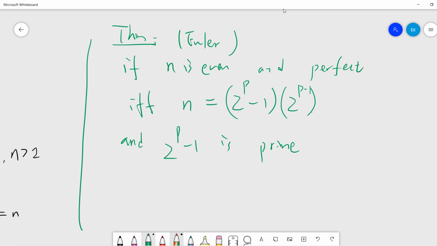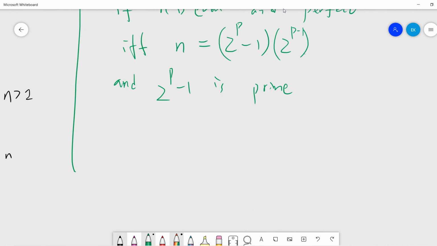Basically you can choose different p such that 2 to the p minus 1 is prime, then you just take this n to be your answer. Okay, so here comes the proof. Let me prove this one.